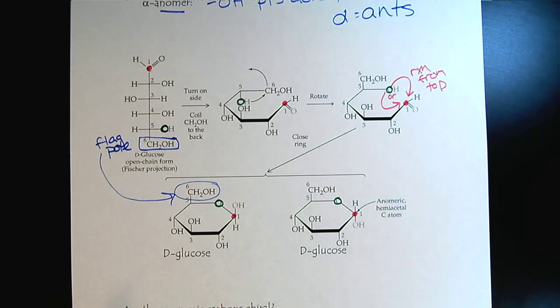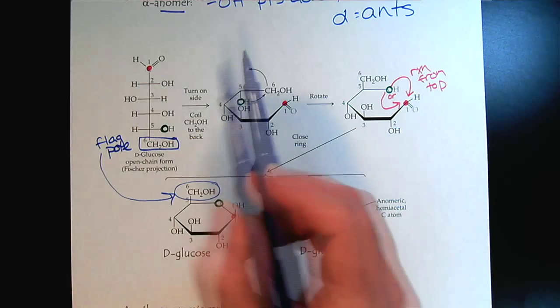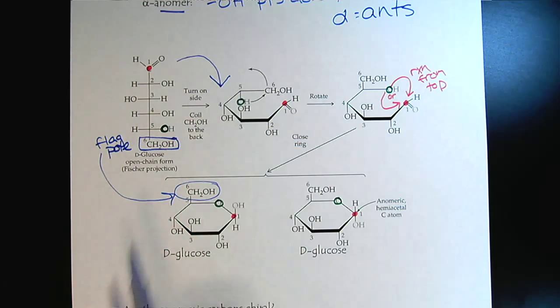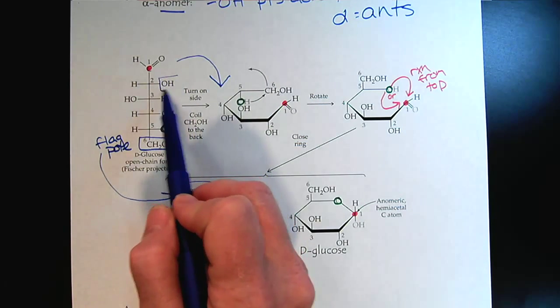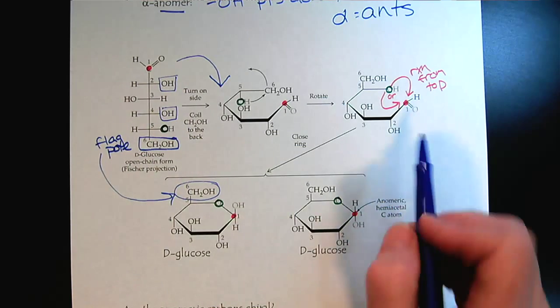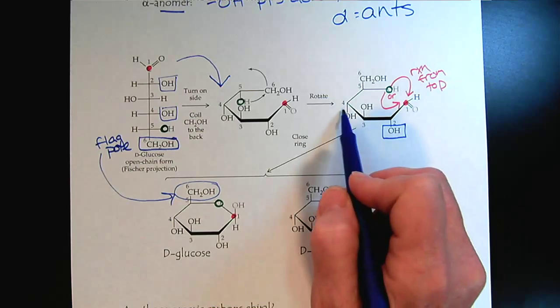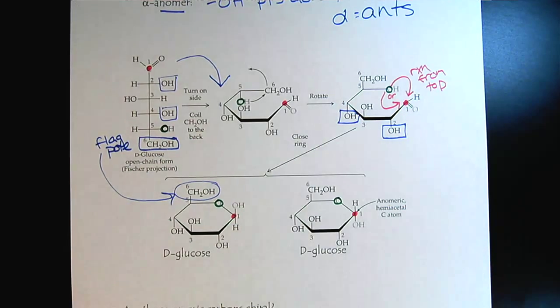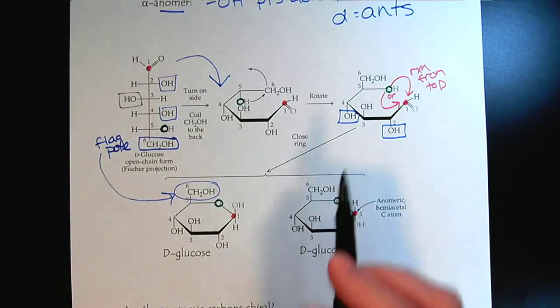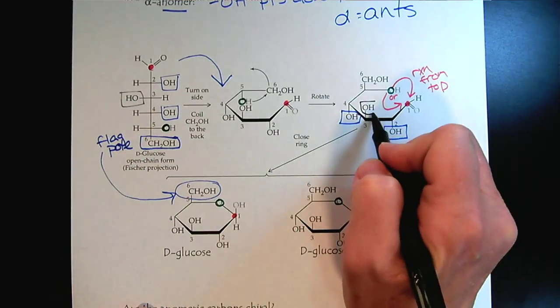And the other thing that I wanted to point out in this part of the notes is that you can think about turning it to the side. So notice any of the alcohol groups that are on the right, they will point down. And then this alcohol group on the left, notice that it points up.